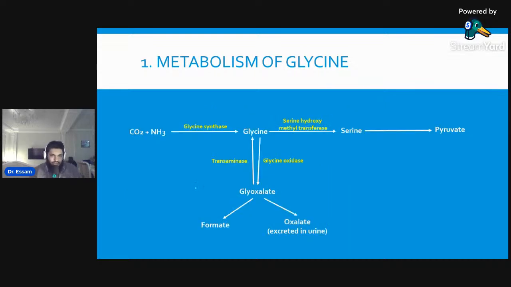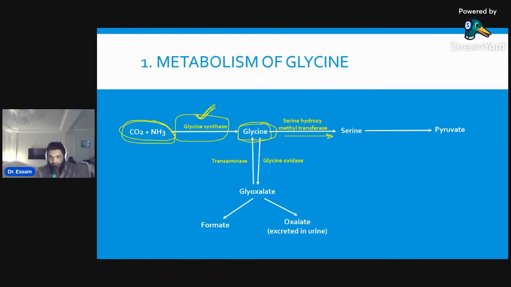Now let's see quickly what is the reaction of glycine. First of all, how is glycine formed? Glycine is formed when carbon dioxide and ammonia react in the presence of glycine synthase. So this enzyme will cause the synthesis of glycine, and then glycine can convert to serine.